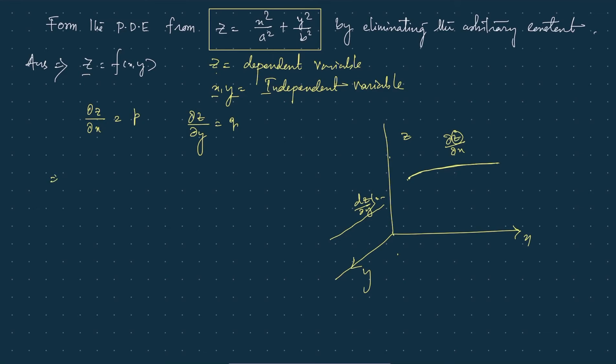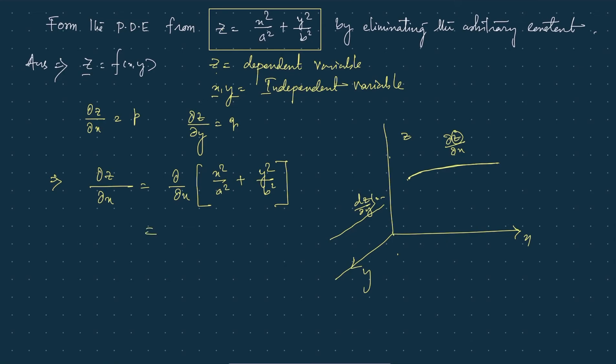Then can I do like this? I'm going to differentiate this original function with respect to x. So dou z by dou x, if I'm going to do, then dou by dou x of x square by a square plus y square by b square.